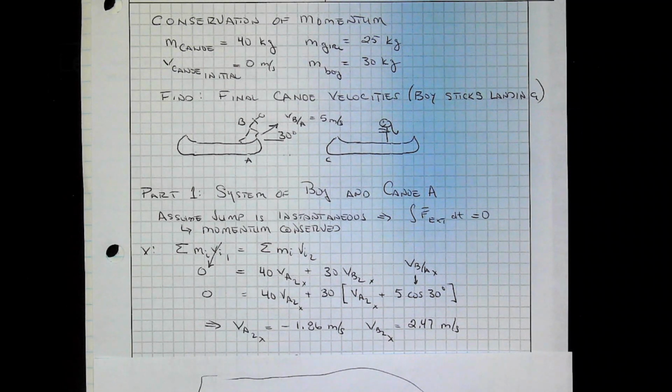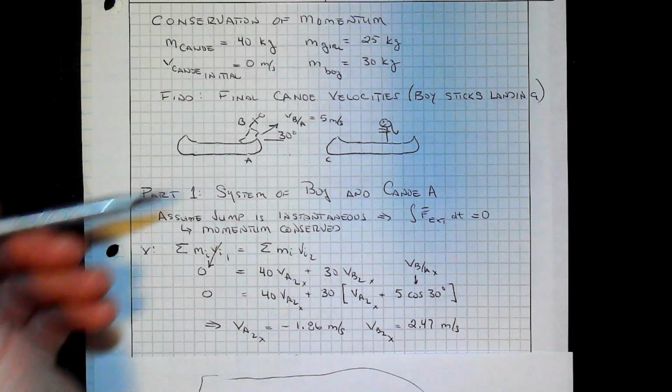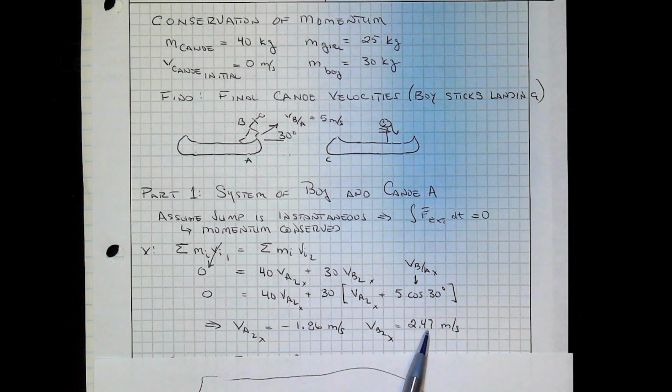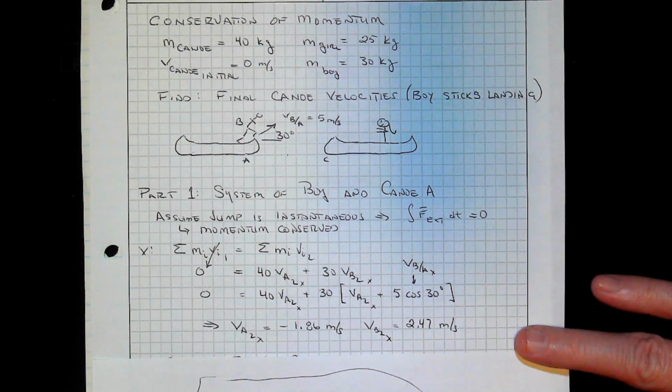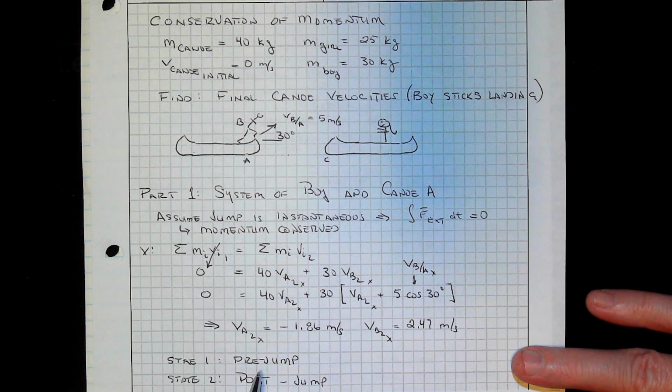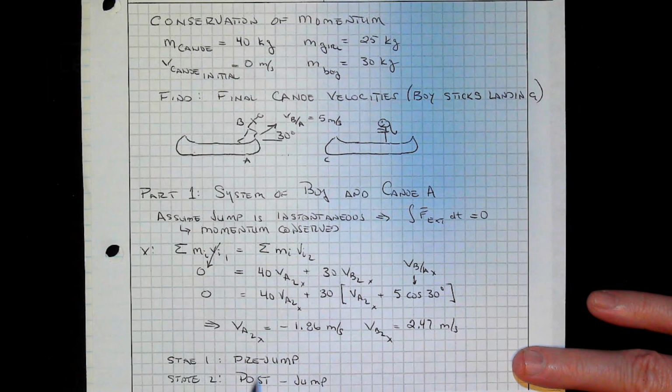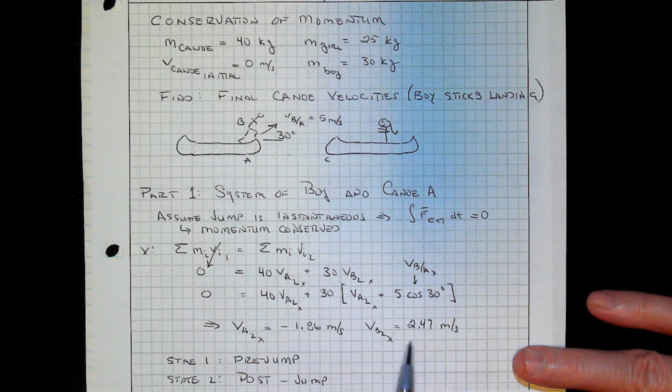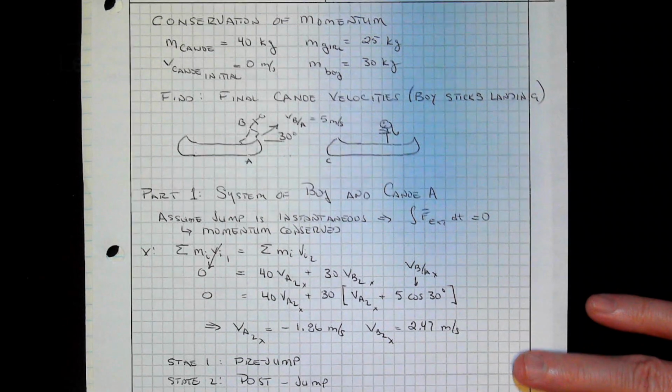And then we're going to have, here's the velocity of the boy going that way, the x component of it, which is really all that we care about. All right. So, state 1 was pre-jump, state 2 post-jump. That's what we have. This is what the boy is doing post-jump.